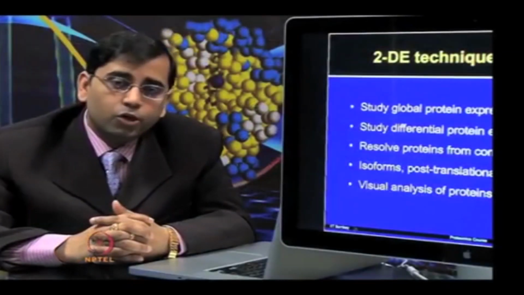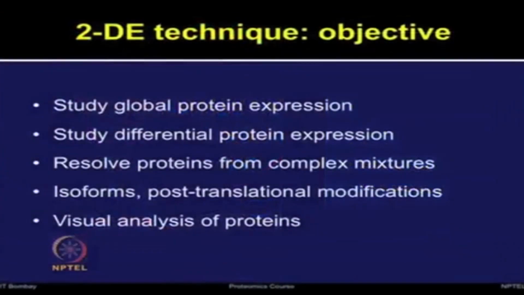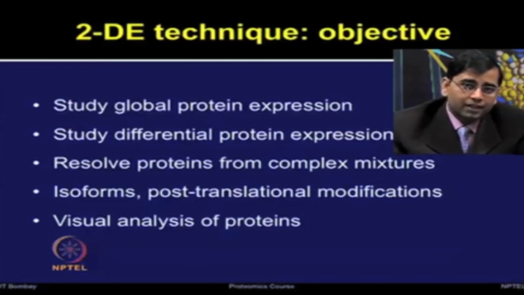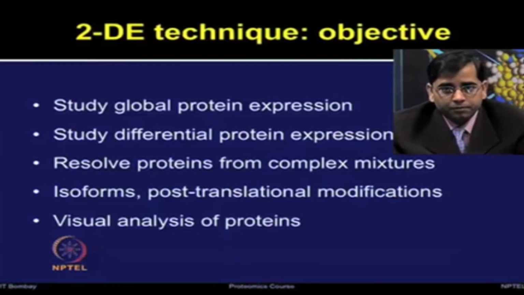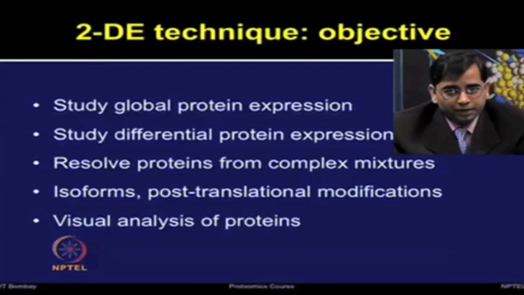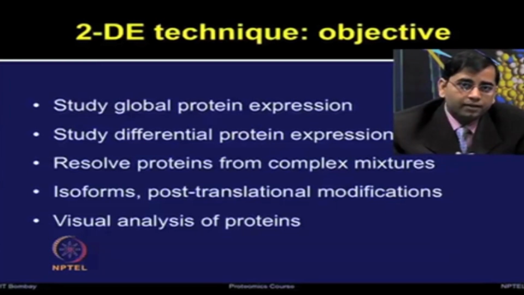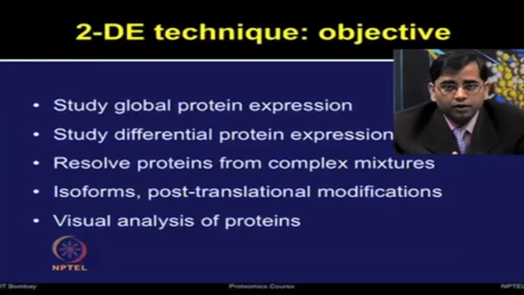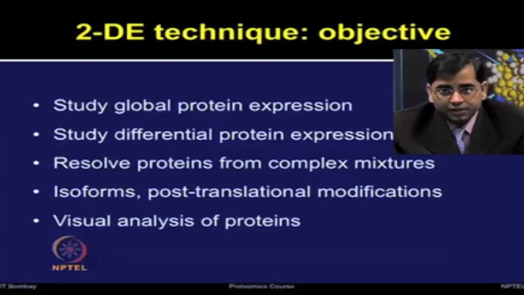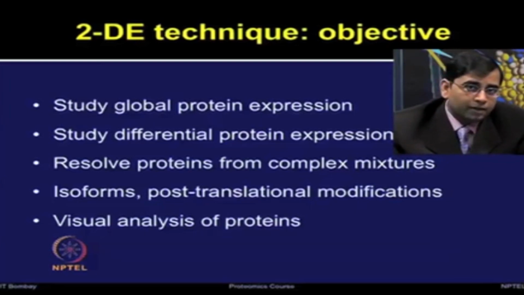Second thing, which is most commonly being used, is you want to compare the protein abundance from a given sample to a treatment sample. So, that is known as differential protein expression, or also known as abundance based proteomics. You want to look at the proteins which are either going upregulated or downregulated in their expression because of a given treatment, or because of a disease condition, or because of your experimental condition.